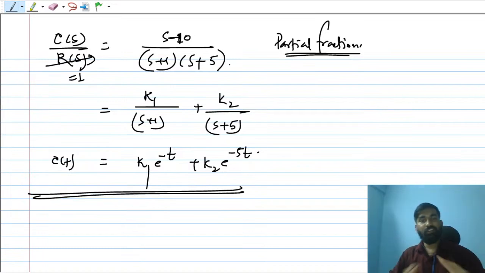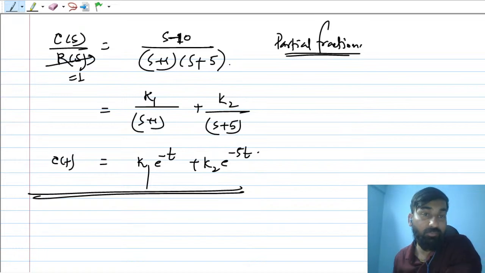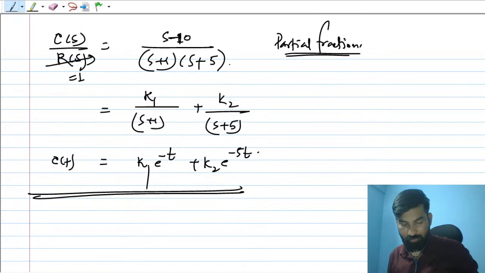So whatever the characteristic of the transfer function, the characteristic of the system is going to be decided by what? By the denominator. That is a very, very important thing which I am telling.